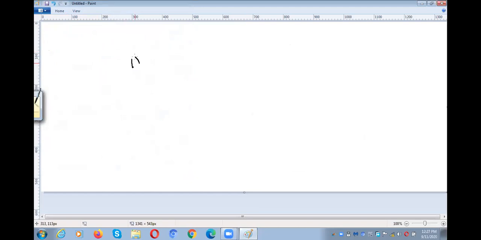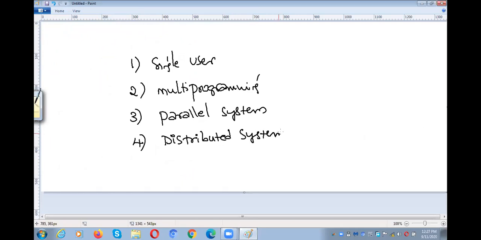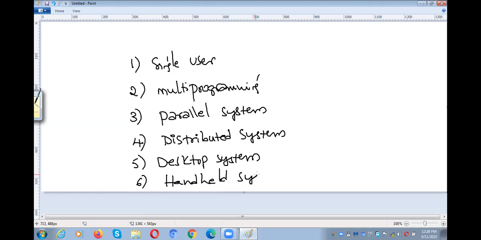So far we have completed single user, multi-programming, the next one parallel system, and the next one distributed system, the fifth one desktop system, sixth one handheld system, and the seventh one real-time system.